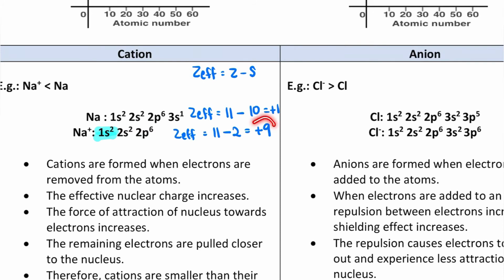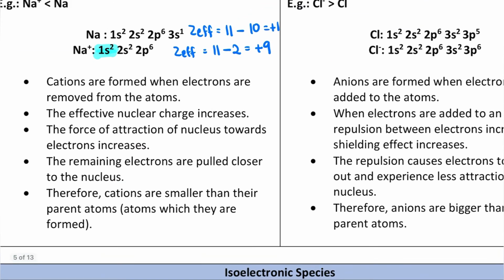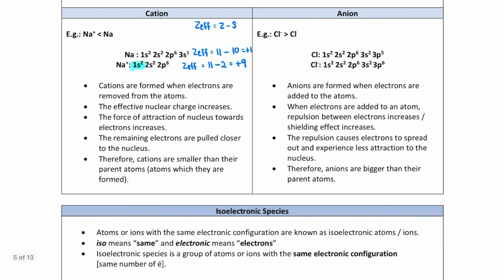We already know that if the value of effective nuclear charge is higher, the force of attraction between the nucleus and the outermost electron gets stronger. You can imagine you are the nucleus and you pull the electron strongly, so the electron becomes closer to you.